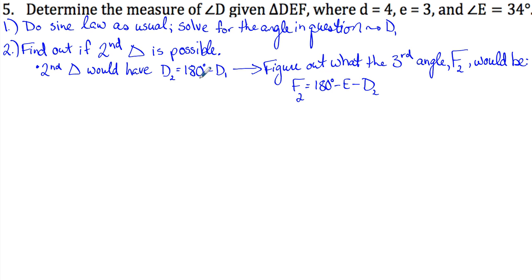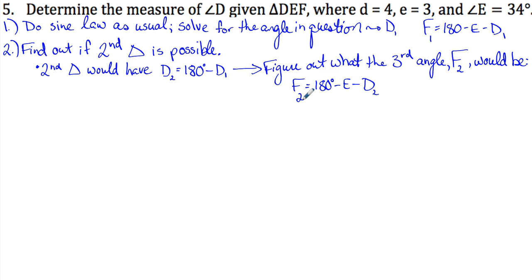If I was just looking at that first triangle, obviously that F value would just be 180 minus E minus whatever I calculated for my first version of the D angle. Now I want to see what it would be if I did have a second triangle possible. We're going to look at this answer.